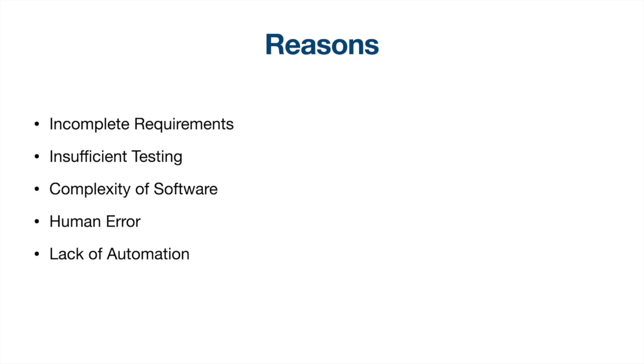Testers have to test at very high priority, so they might miss some test scenarios because of the urgency. Insufficient testing time is, I believe, the biggest reason for defect leakage.